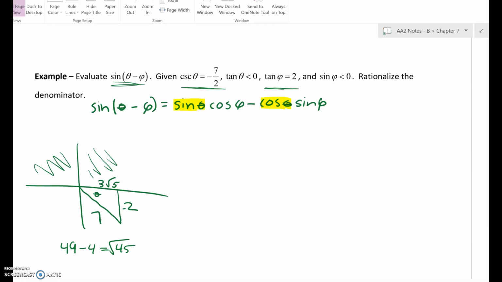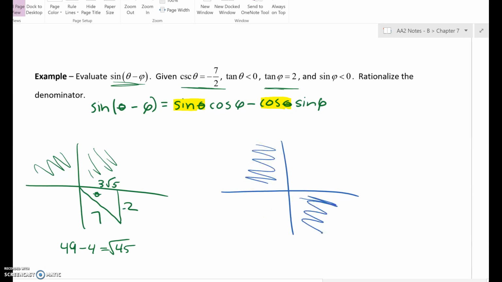Now I have another triangle that I can draw. Tangent is positive, so it's either in the first or the third quadrant. Okay, sorry, I had to pause it. So tangent is positive, so it can't be in the second or fourth quadrant because those are where tangent is negative. Now if our sine is negative, it's not going to be in the first quadrant.